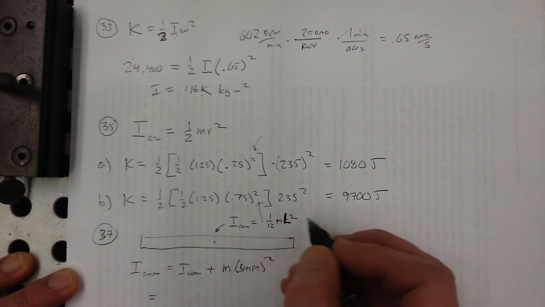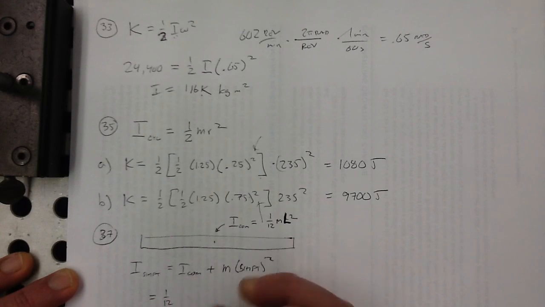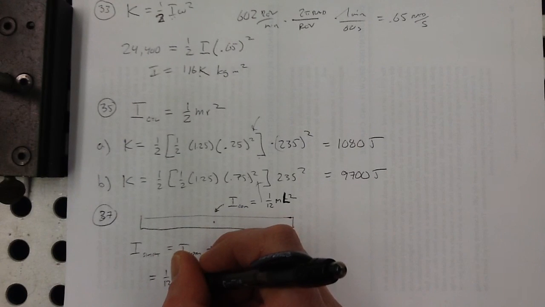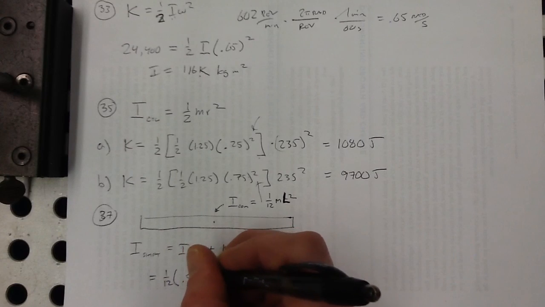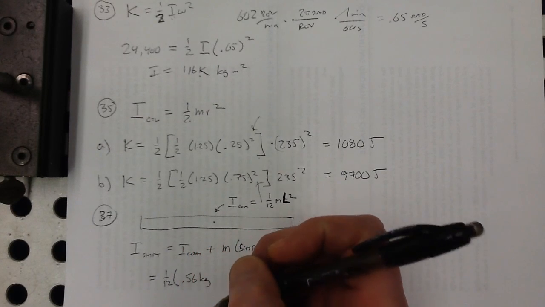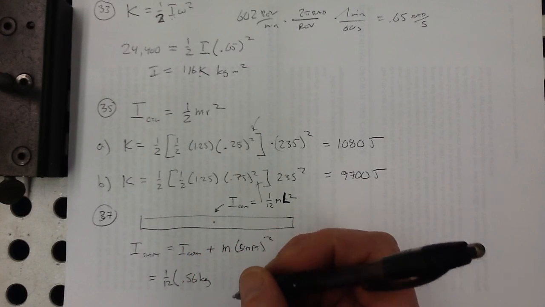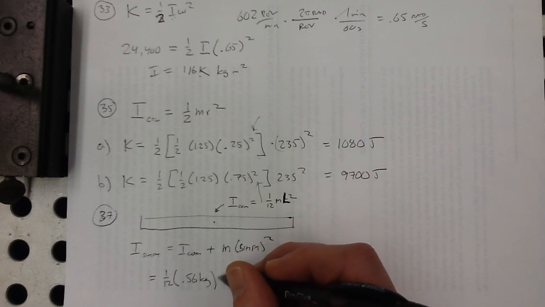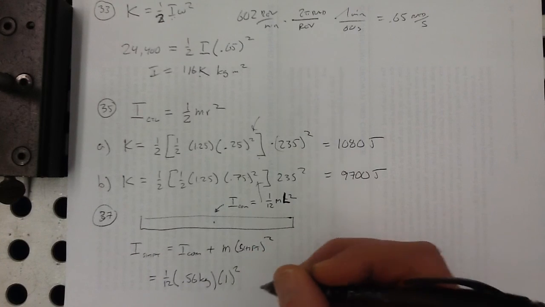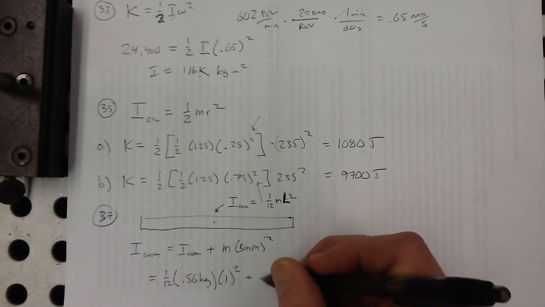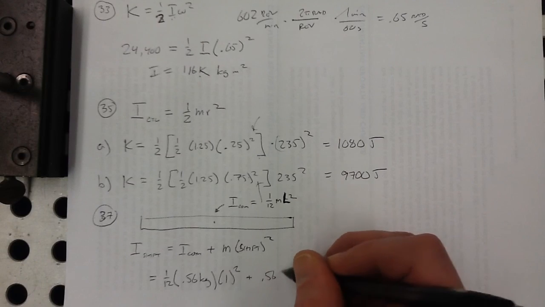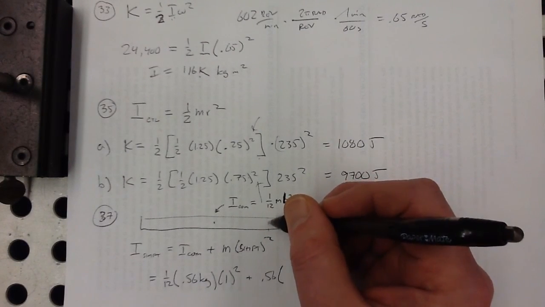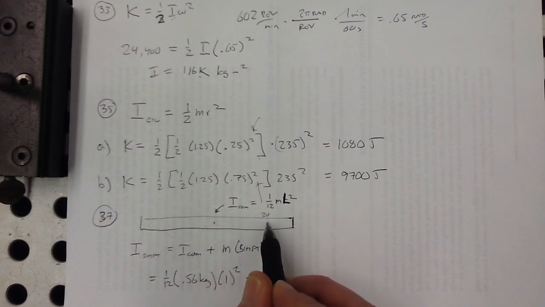So the original around the center of mass would be 1/12 the mass of the stick, which is 0.56 kilograms. That's a heavy meter stick. Times the length squared plus m times the shift. So if this is the 0 end, here's the 20 centimeter mark. That's actually shifting 30 centimeters, right?